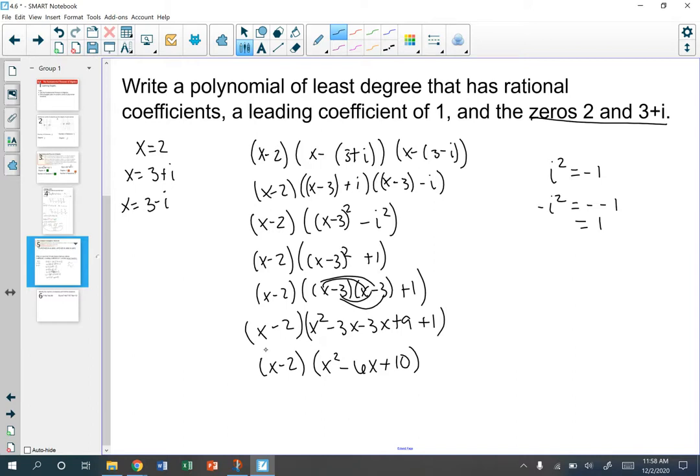Okay, now we need one more step here in multiplication. We're taking and multiplying these polynomials, and we get x cubed minus 6x squared plus 10x minus 2x squared plus 12x minus 20.